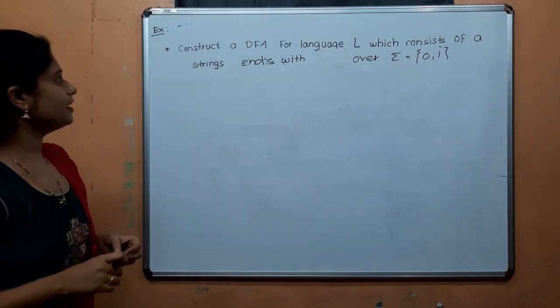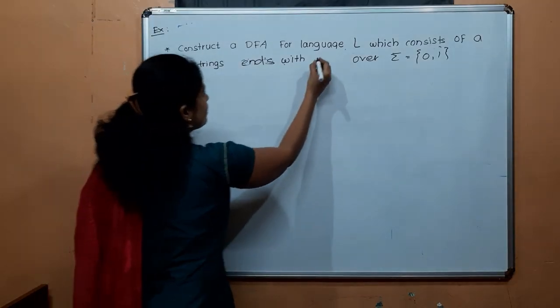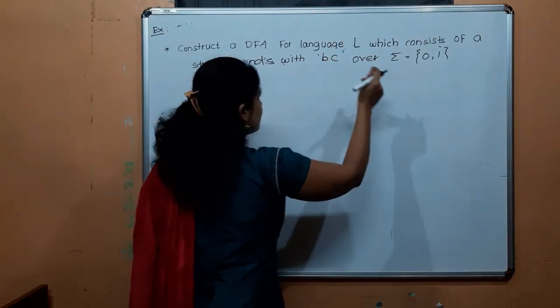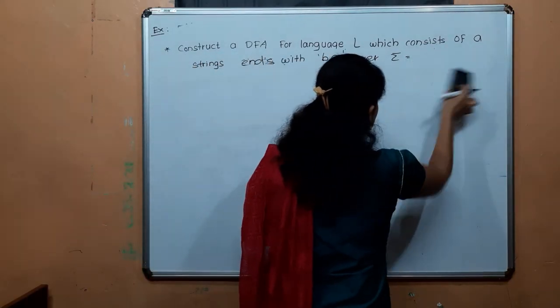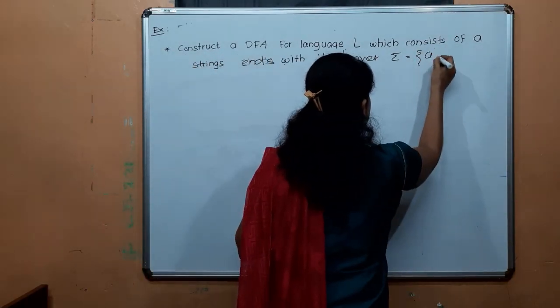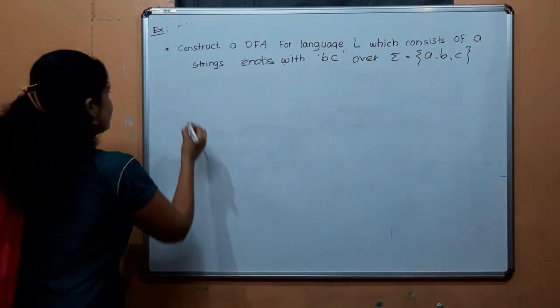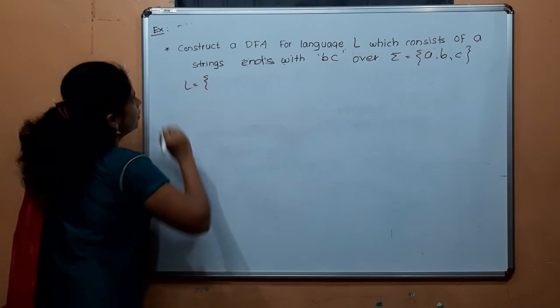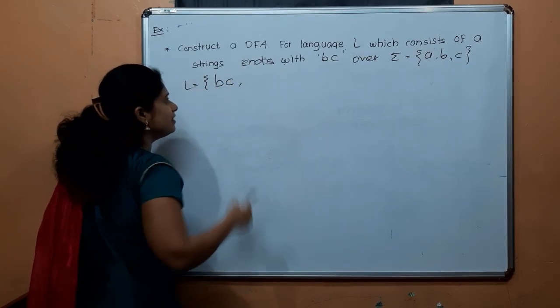See here, construct a DFA for language L which consists of strings that end with BC over the alphabet A, B, C. Okay, see here, the language will be L is equal to the condition that the string ends with BC.